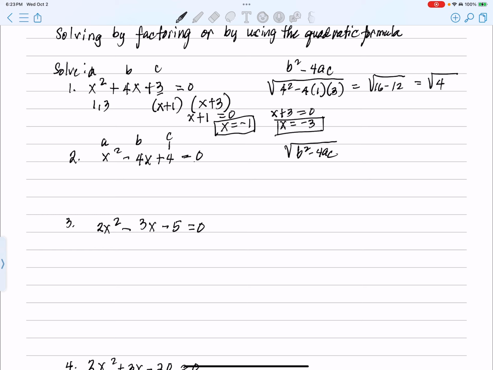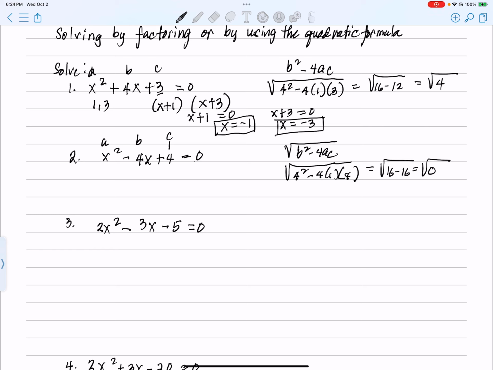So let's substitute: 4 squared minus 4 times 1 times 4. That would be 16 minus 16, so we come up with 0. The square root of 0 is 0, so that means we can do it by factoring.